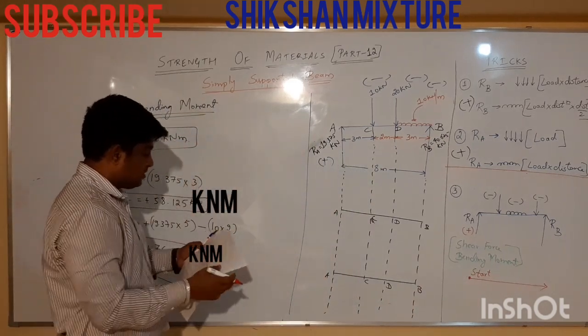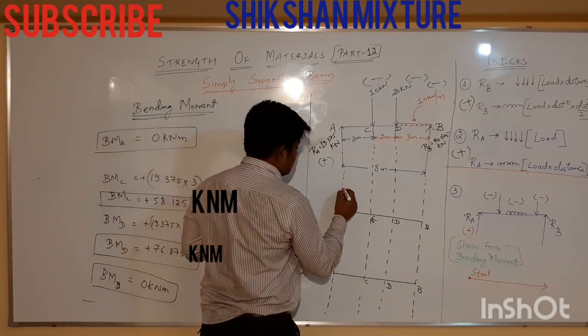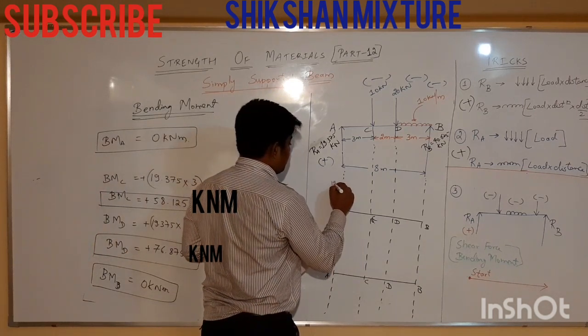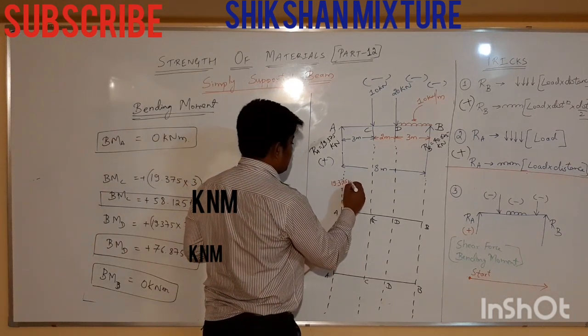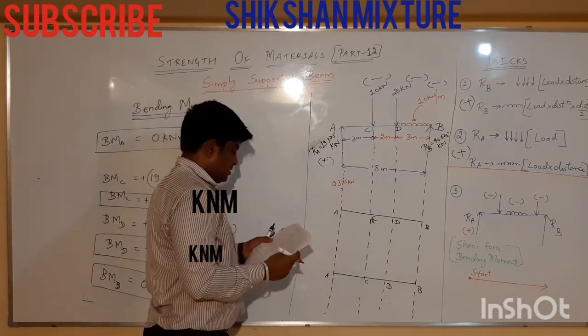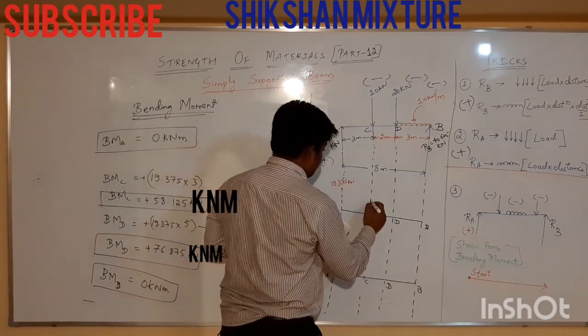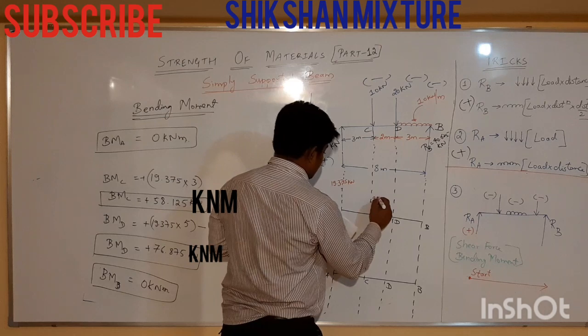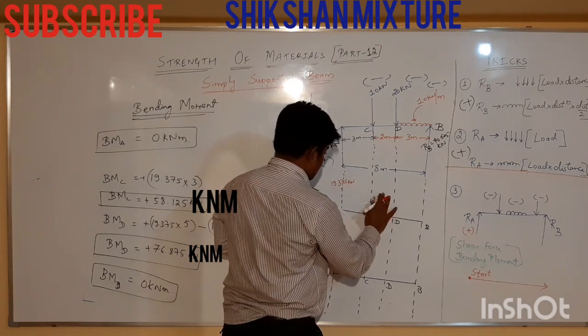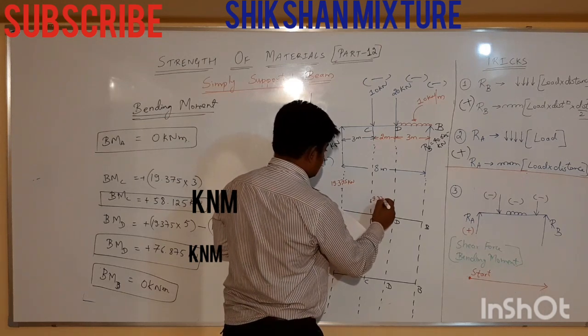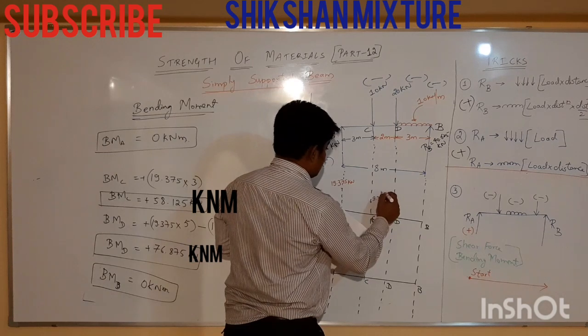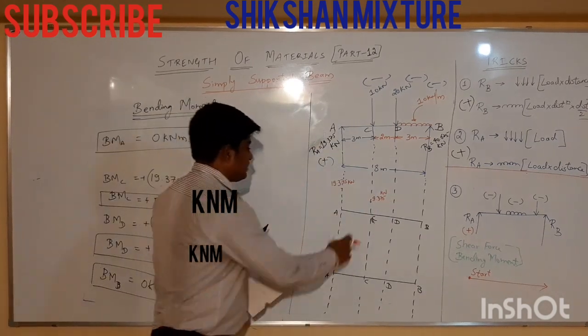The values are 19.375 kilonewton, and this is also 9.375 kilonewton. Shear force diagram, this is.